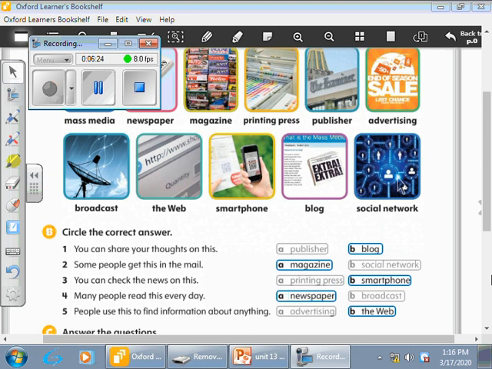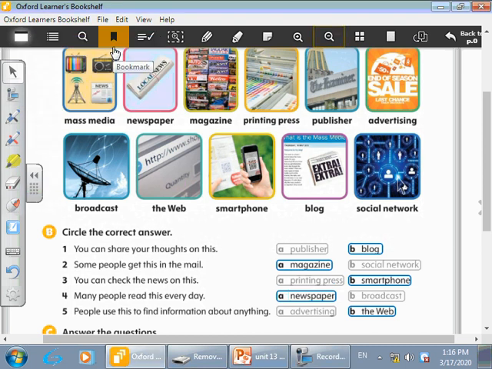Now, let's move back to page 126. We will answer question letter B. Circle the correct answer. You can share your thoughts on this. It's publisher or blog. What do you think?